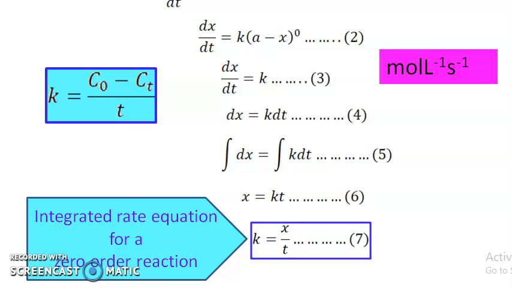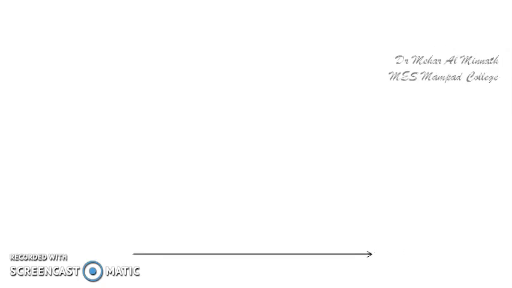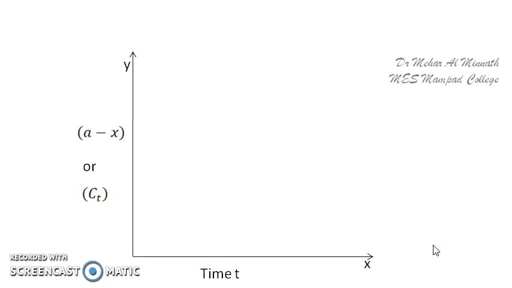All the units for the rate constant of the various reactions, first order, second order, zero order reactions, etc., you must remember. Alright, now coming to the graphical representation of the zero order reaction, on the x-axis we will plot the time t, and on the y-axis we will plot a minus x or Ct.